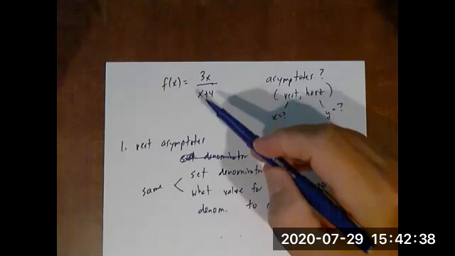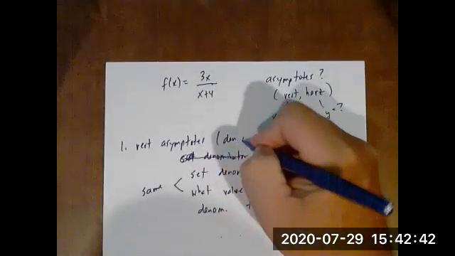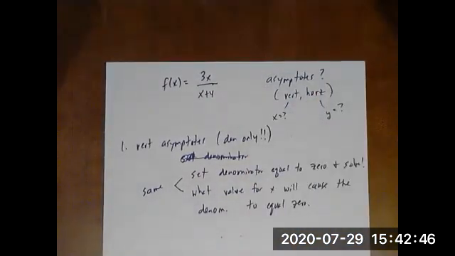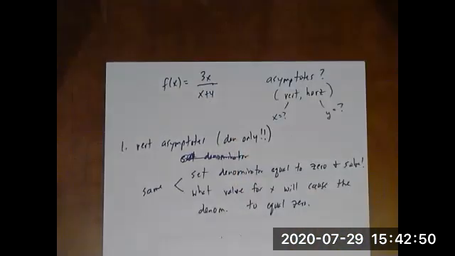The key is vertical asymptote. The only thing that's going to affect a vertical asymptote is the denominator. I do not care what is in the numerator. I don't care what's in the top of the fraction. Only what's in the bottom is going to determine the vertical asymptote.